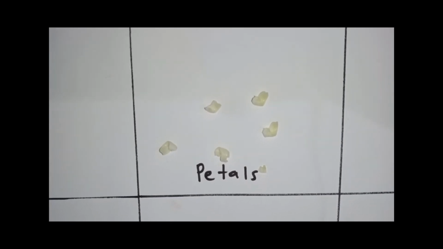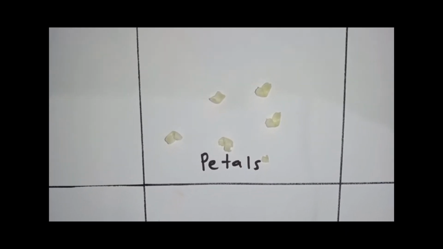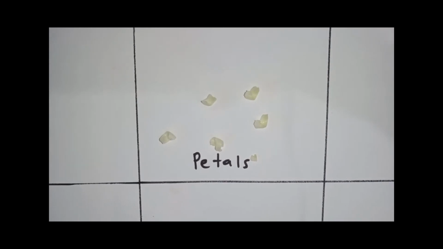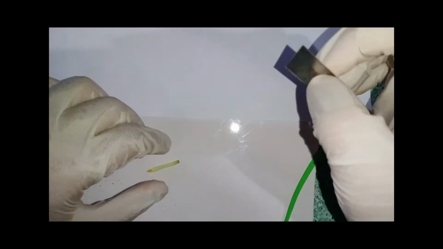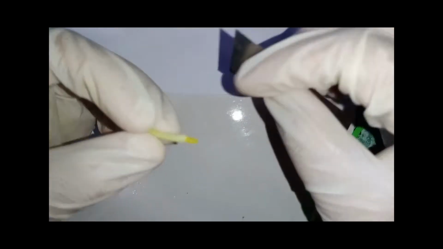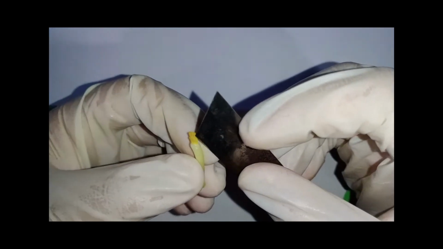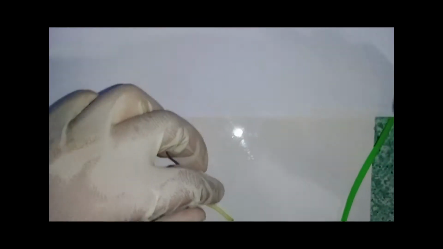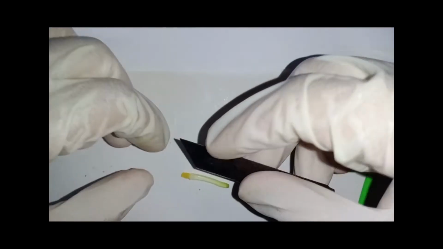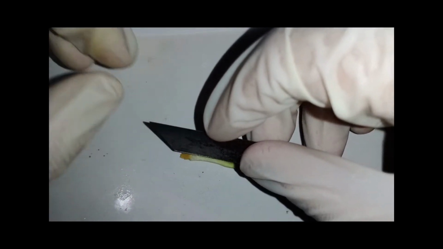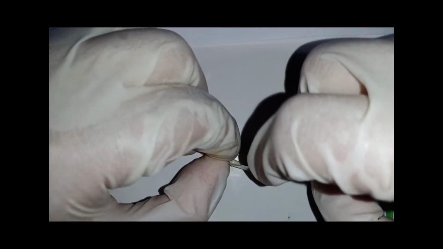Alright, then we will proceed to dissect the male flower to see the anther and the filament. We'll do a longitudinal section for this one, carefully cutting the corolla tube.